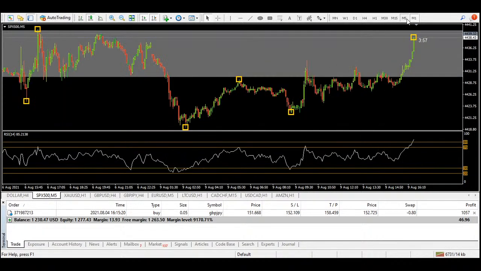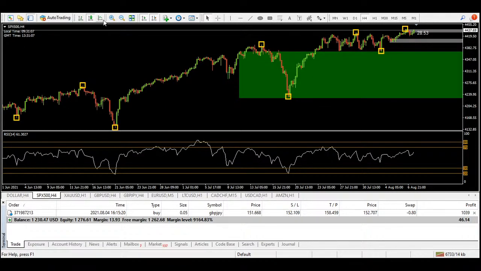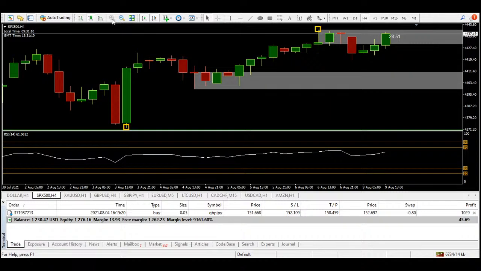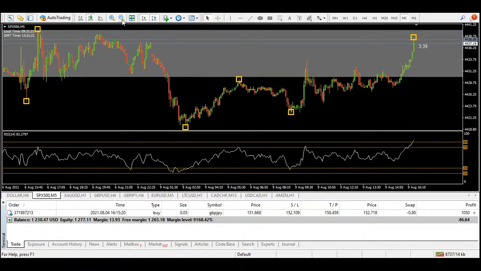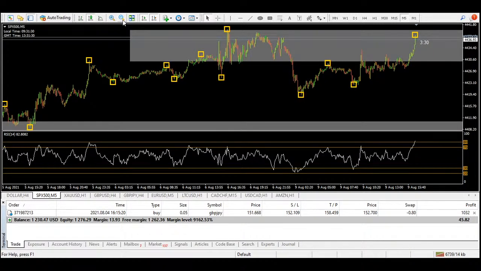Let's see if we get a break of this 4 hour. It's all right there. So I know you guys think we're gonna get a break of this 4 hour right here. The S&P 500.